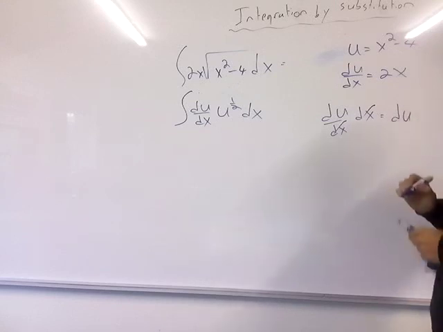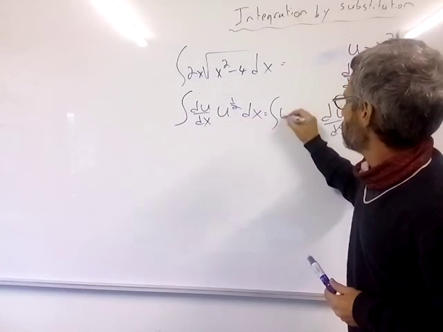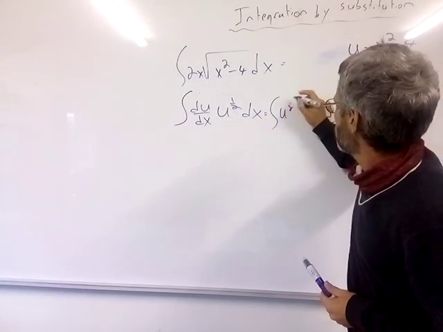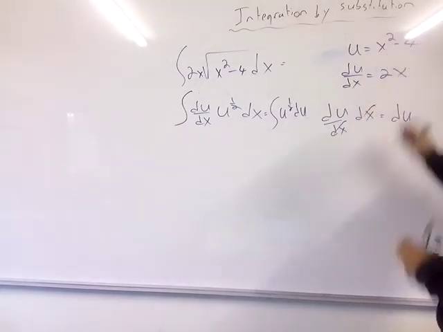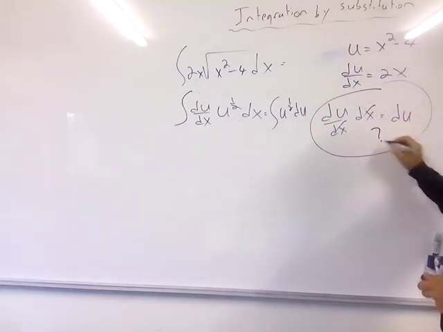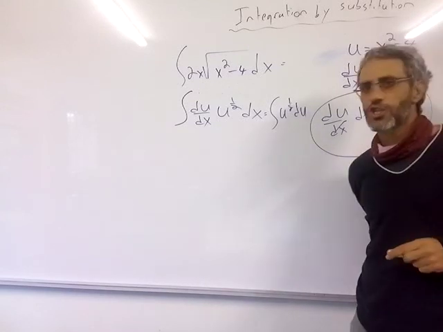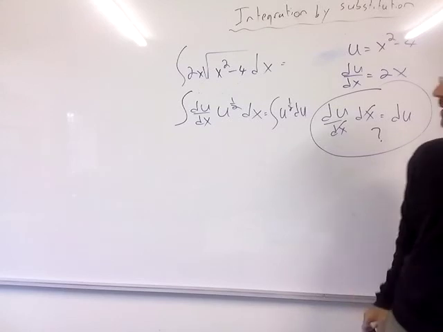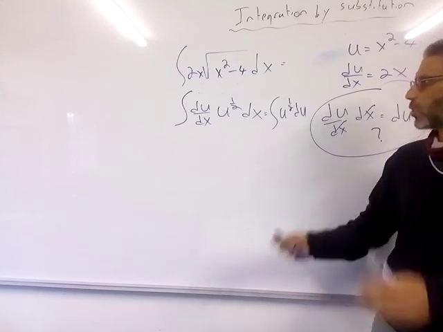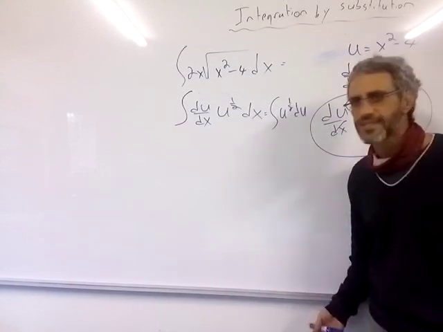So you can write down, okay, these two cancel, u to the power half du. Why we do that, I'm not going to get into. There's a whole philosophical, mathematical discussion about why you can do it, but we do it. I can start talking about the chain rule, but let's just leave it. It makes sense, doesn't it?